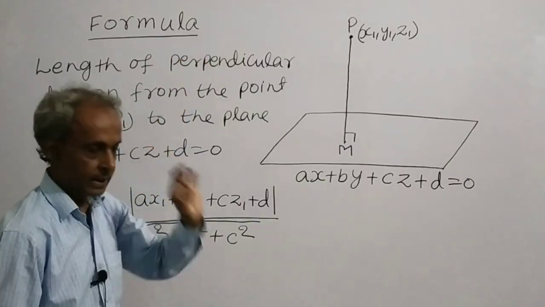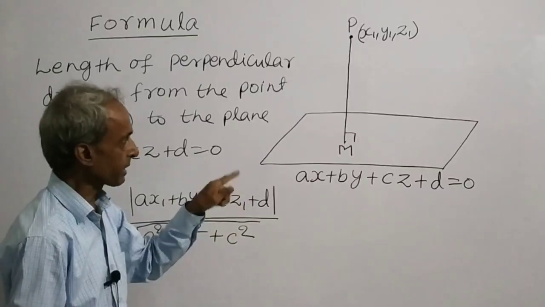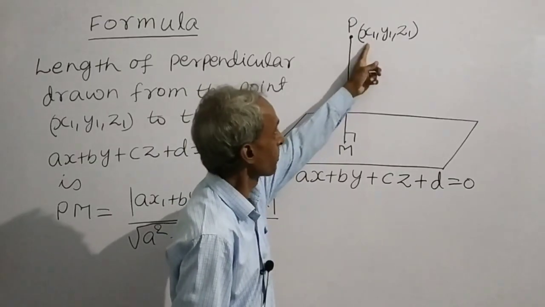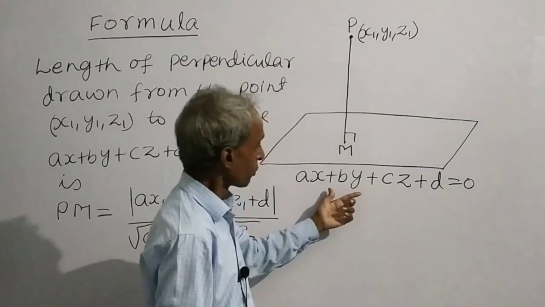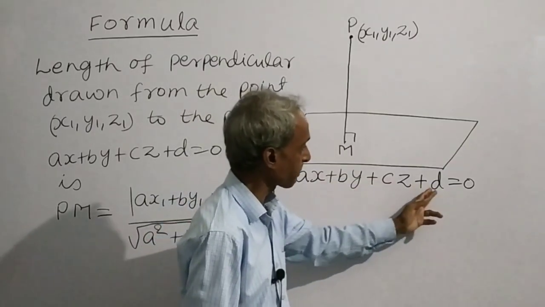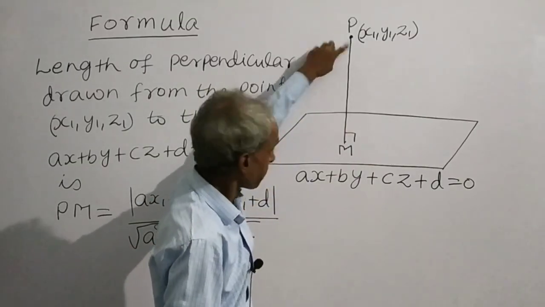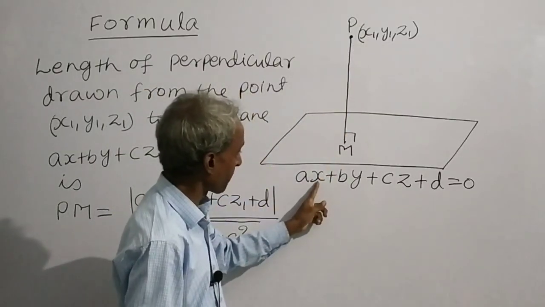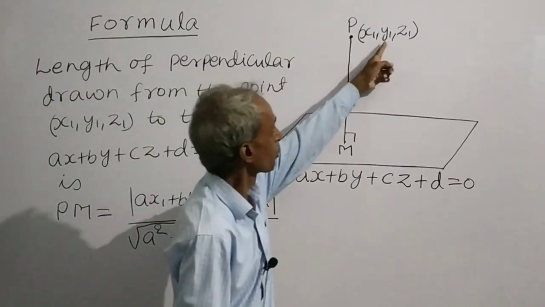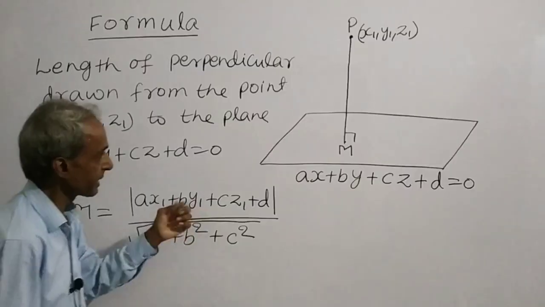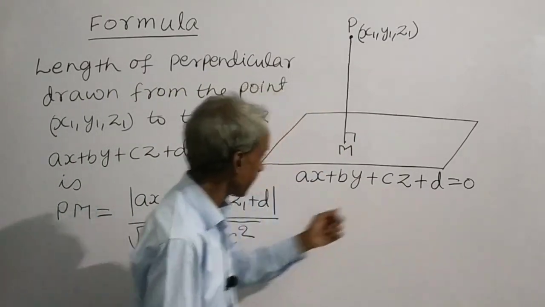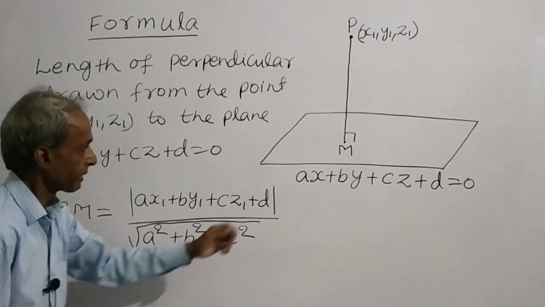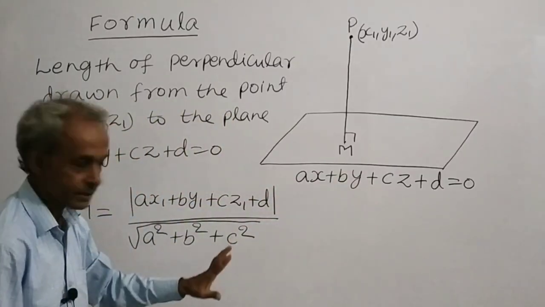This is the formula that I will use in checking option B and option C. The length of the perpendicular drawn from the point x1, y1, z1 to the plane ax plus by plus cz plus d equal to 0 is equal to: put x1 in place of x, y1 in place of y, z1 in place of z, and then d, mod, divided by the root under a square plus b square plus c square.